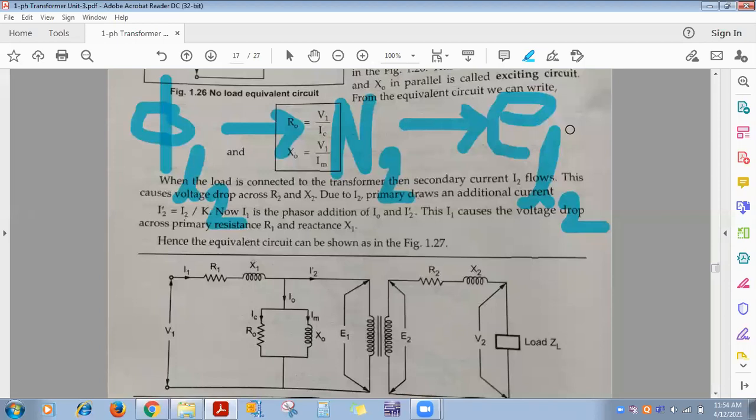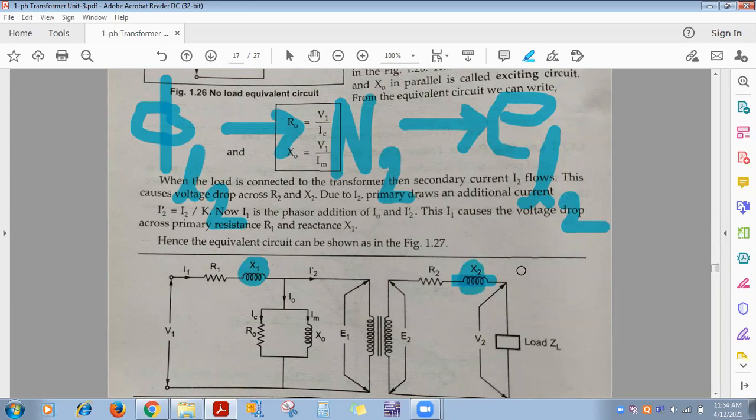Okay, so to consider the effect of this leakage flux on the secondary, this leakage reactance is denoted on the secondary. In some books you will find it as XL1 and XL2, or you can denote it as X1 and X2 also.